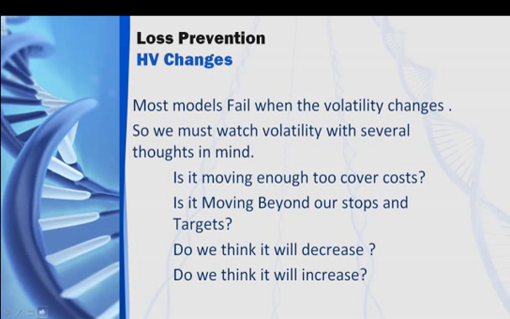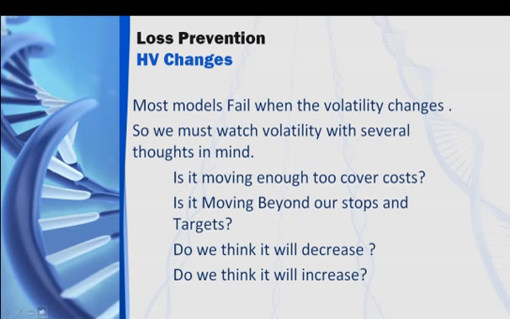Okay. So the next thing that can cause failures is that most models fail when volatility changes. Okay. So what is volatility? Volatility is really price over time, because we're only dealing with two scales on the chart, the price movement and the time movement. So we must model volatility with several thoughts in mind.